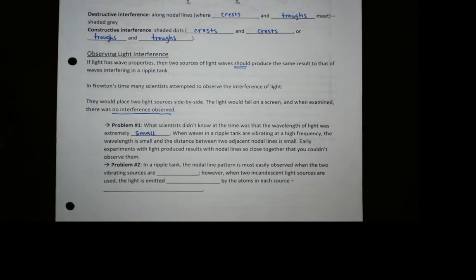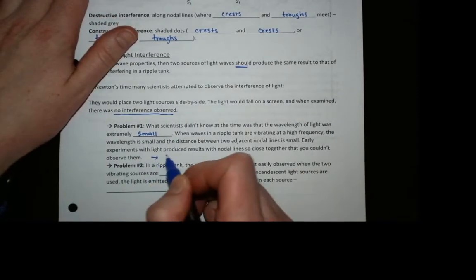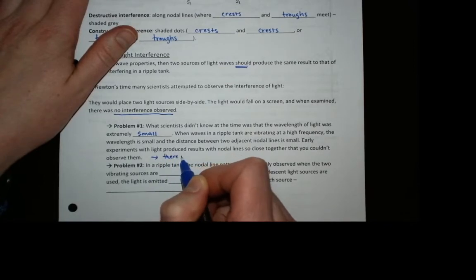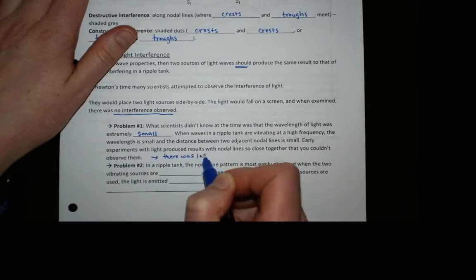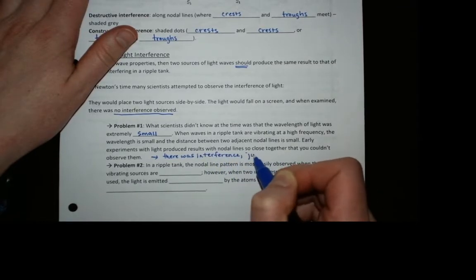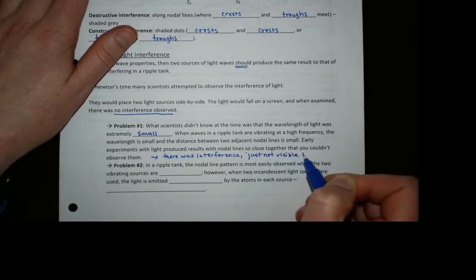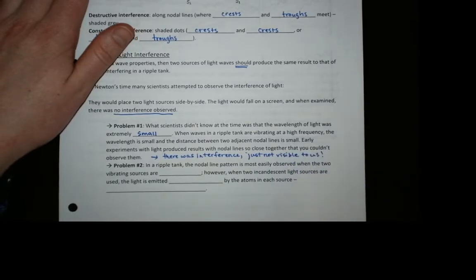So early experiments produced results with nodal lines that were so close together that you couldn't actually observe them. So there was an interference pattern, it just wasn't visible. It was not distinguishable by the human eye. Okay, they didn't know this, but we know it now.